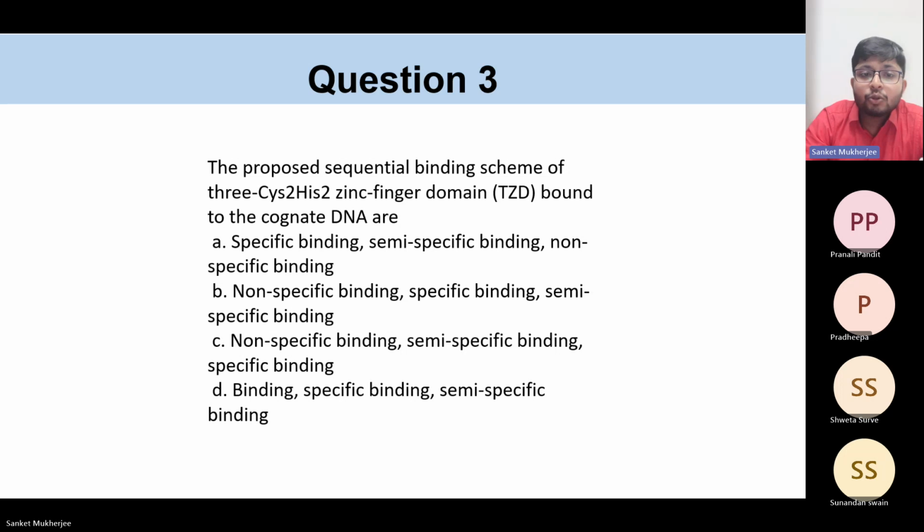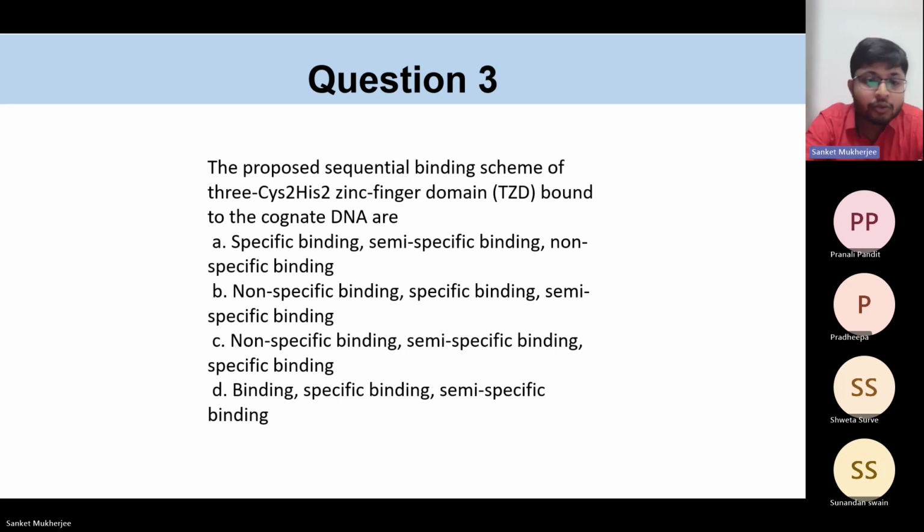Let's go to the next question. The proposed sequential binding scheme of the Cys2His2 zinc finger motif domain bound to the cognate DNA is: specific binding, semi-specific binding, non-specific binding; or non-specific binding, specific binding, semi-specific binding; or non-specific binding, semi-specific binding, and then specific binding; or another ordering. Which one will it be?